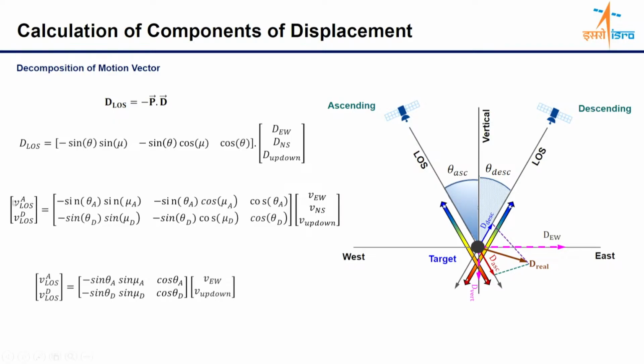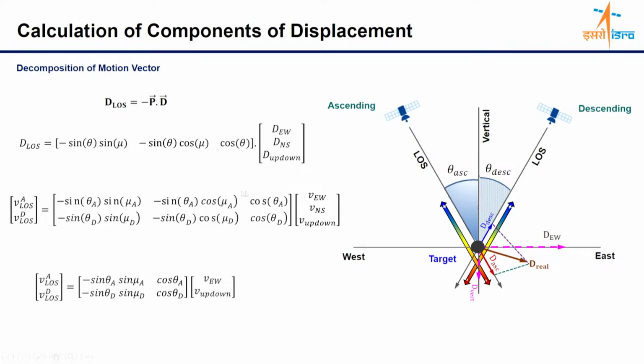In these equations, the line of sight displacement from the ascending path is known from the InSAR investigations. The line of sight displacement from the descending path is known from the InSAR investigations. Theta a, the incidence angle from the ascending path, is known. Mu a, the azimuth look angle from the ascending path, is known. The incidence angle from the descending path is known. Mu d, the azimuth look angle from the descending path, is known.